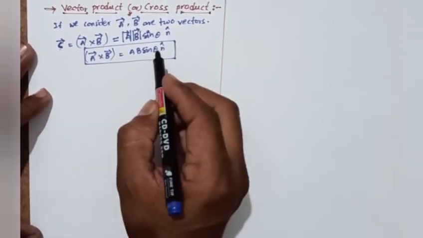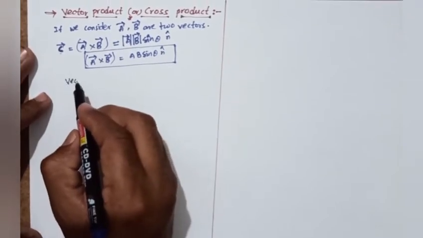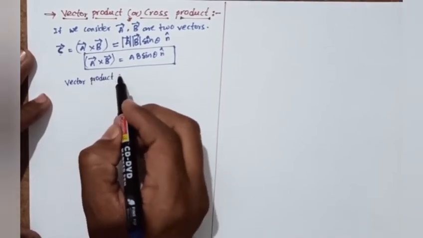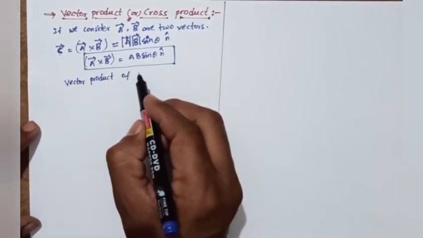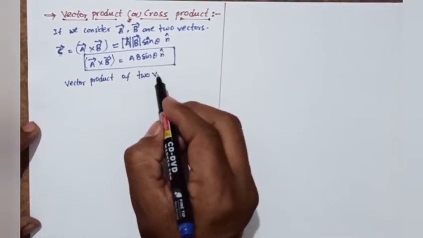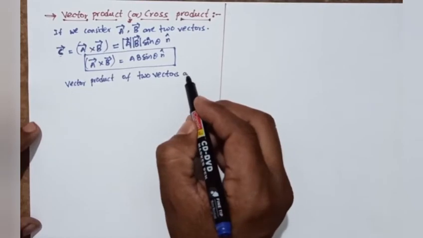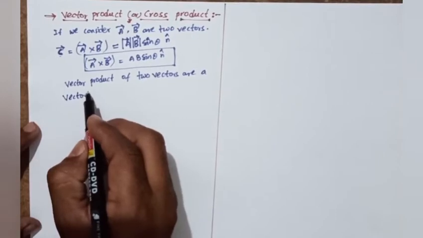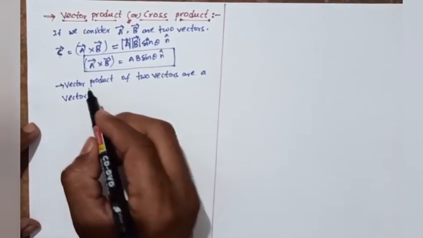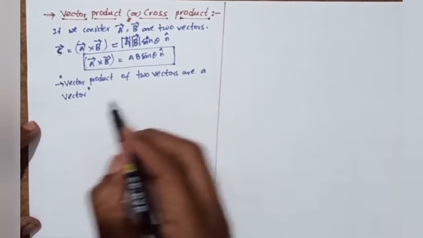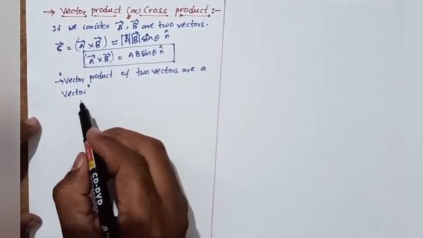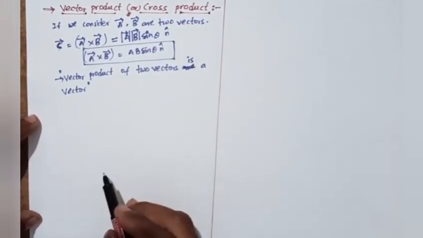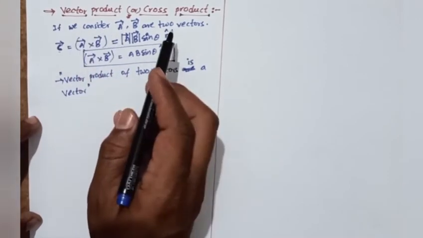Here the cross product or vector product of two vectors is a vector. This is the vector product.